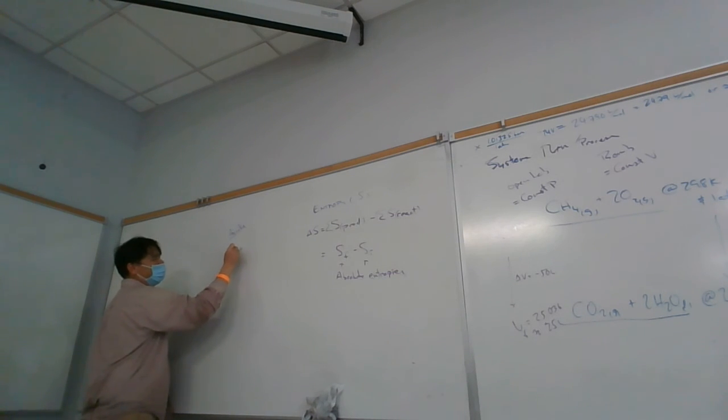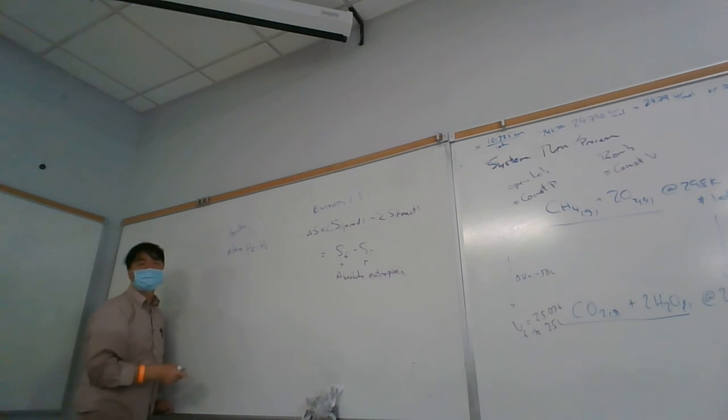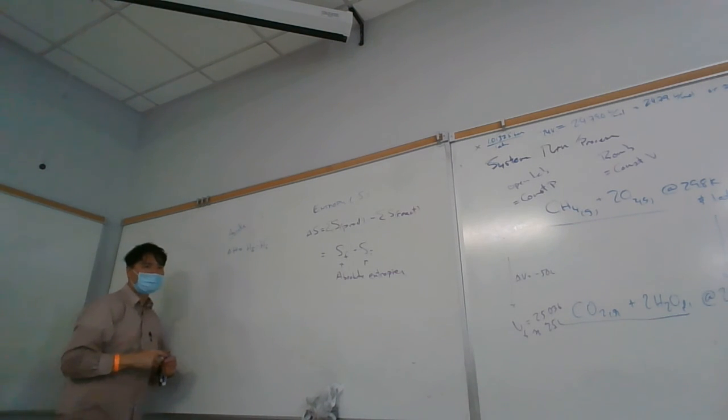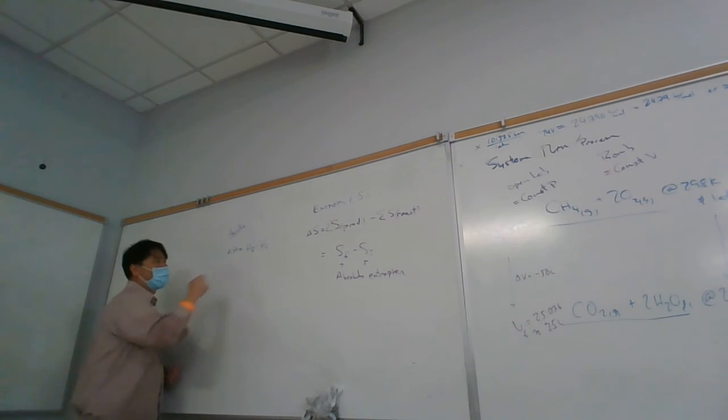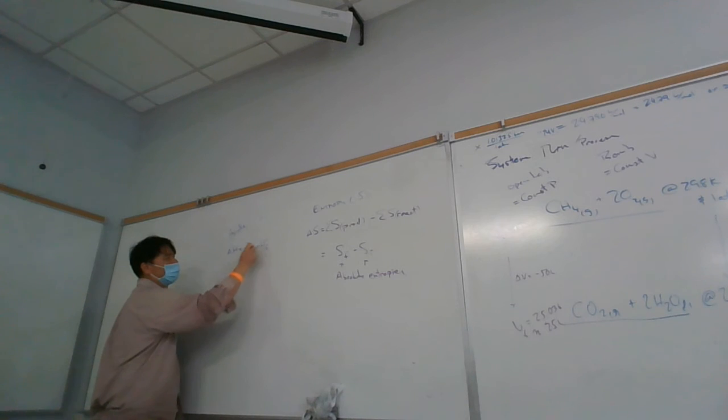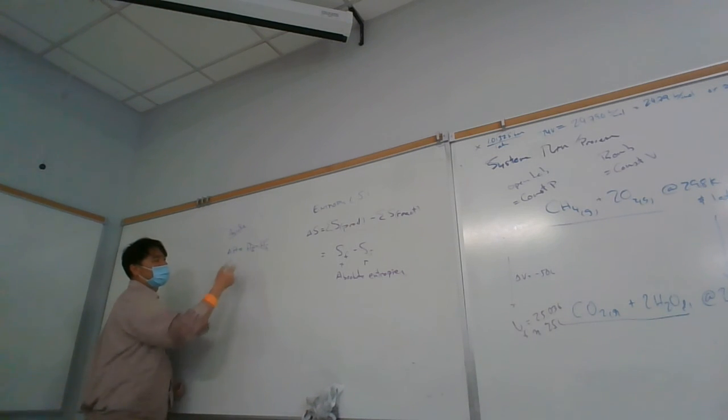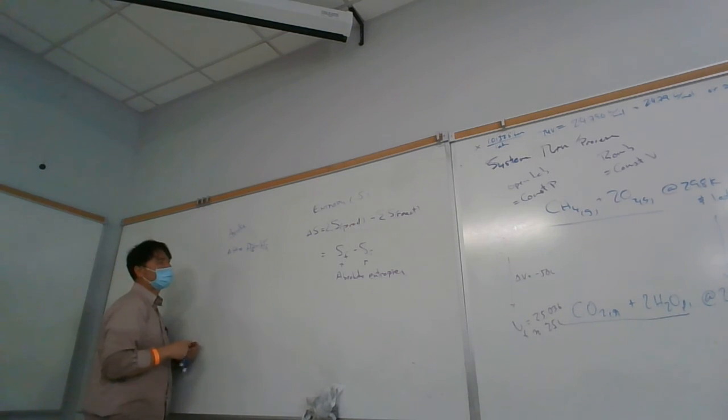Delta H would be H final minus H initial, but we don't do this calculation because it's very difficult to determine absolute enthalpies. There's too much error associated with it. And so we use other means to figure out what delta H is.